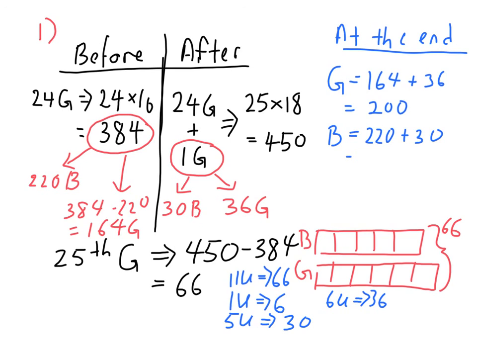You get 250. Very good. So how many more boys than girls are there at the end? 50. How you get 50? 250 minus 200 equals 50, and this one will be our answer.